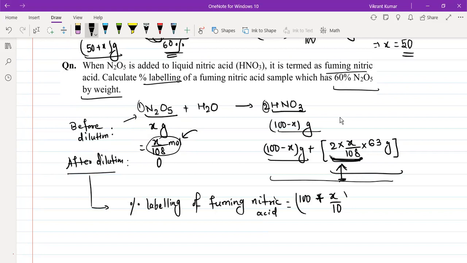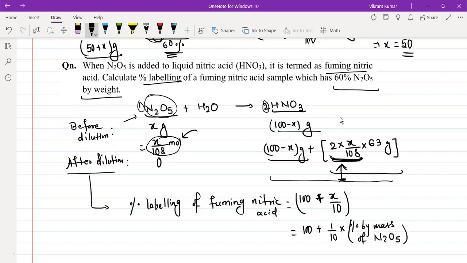ठीक है, where x is percentage by mass of N2O5, है ना? So now we can say this is 100 plus 1/10 times percentage by mass of N2O5.